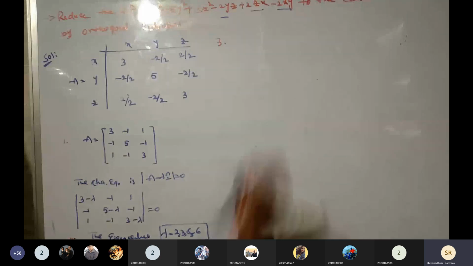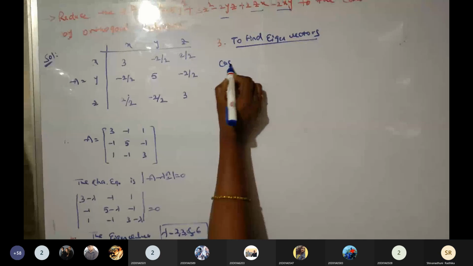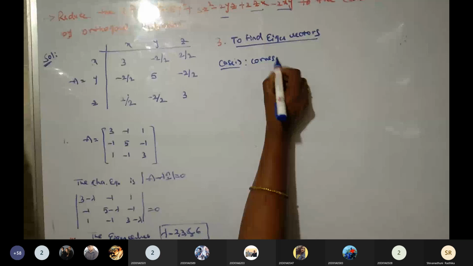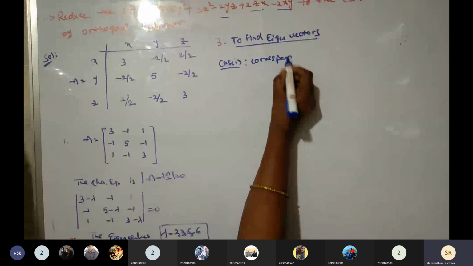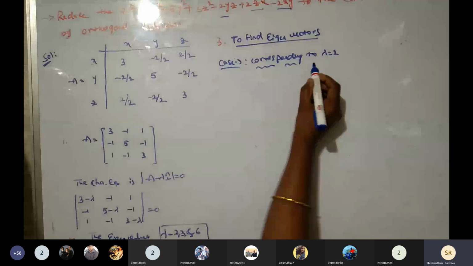To find the eigenvectors, first of all, case 1: corresponding to the first eigenvalue, lambda equals 2. Finding the eigenvector corresponding to lambda equals 2.